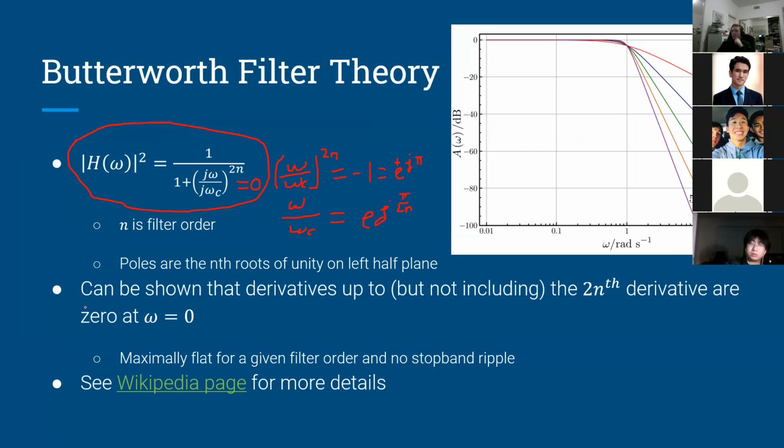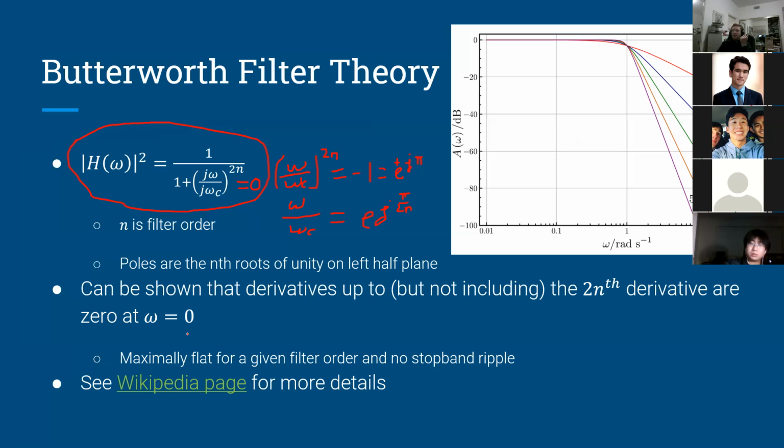Then if you do some math, and I'm not saying the math is easy, you can show that the derivatives of this transfer function magnitude squared, all the way up to the 2nth derivative, are equal to 0 at 0 frequency.